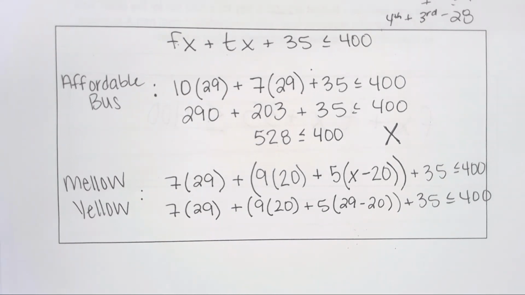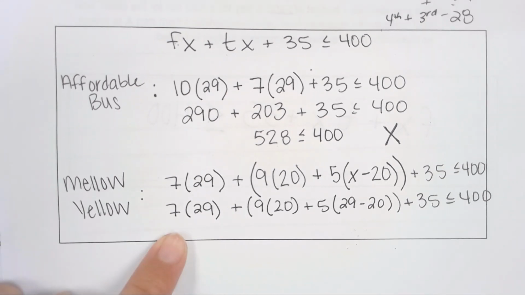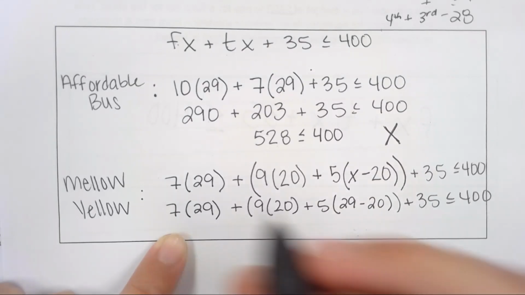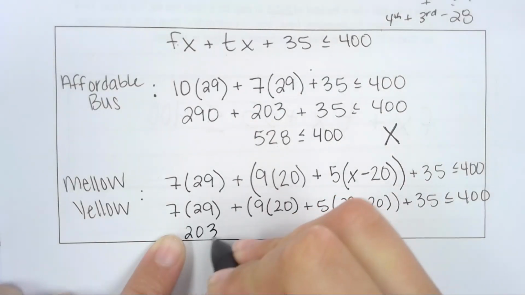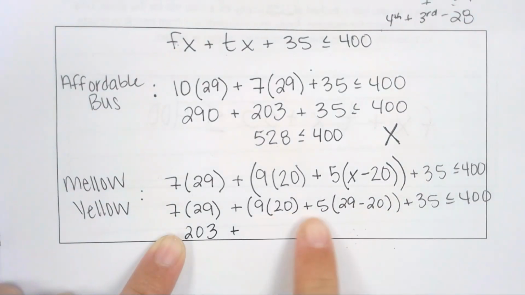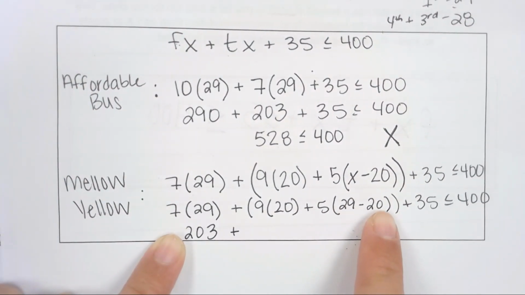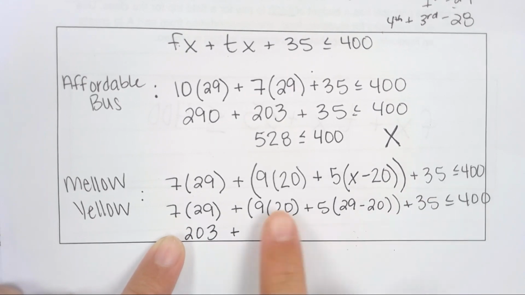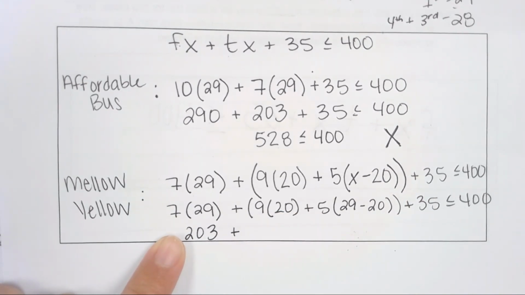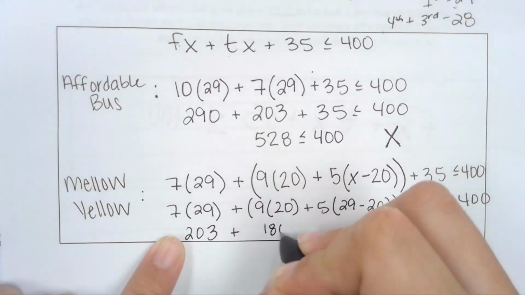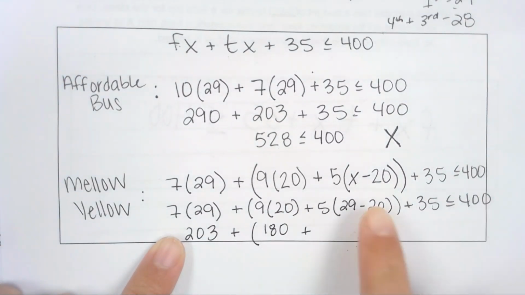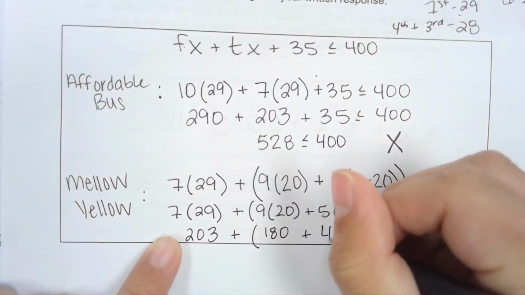All right, so let's simplify here. So first thing is I'm going to take the 7 times 29, and that gives me 203. Then I'm going to simplify the inside here, so I'm going to take the 29 minus 20 to give me 9. And then my 9 times 20 is 180. And then 5 times 9 is 45.